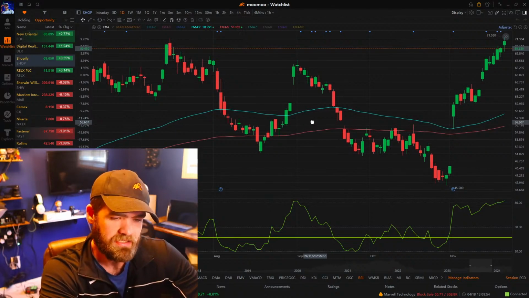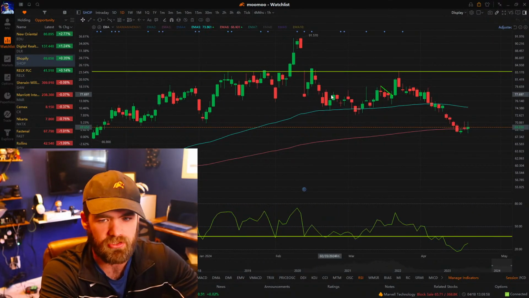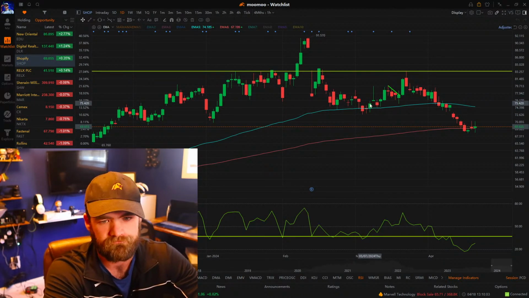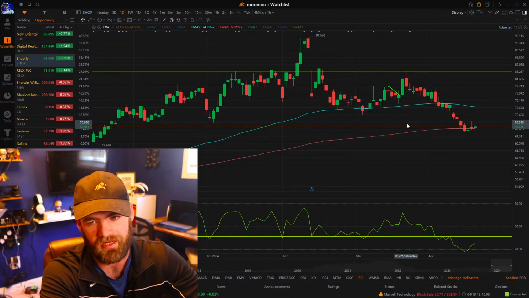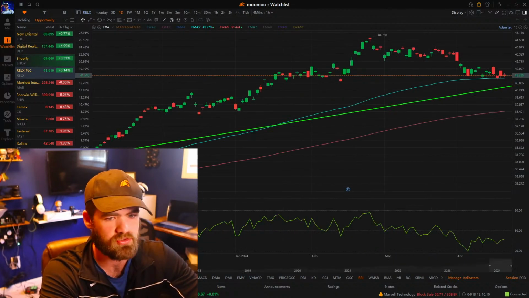We'll see what happens with this one though, because the last time we traded it was all the way back in here, and it consolidated for a long time, like 3 weeks. So I don't know if we'll end up trading it, but it is on that 200-day moving average line.